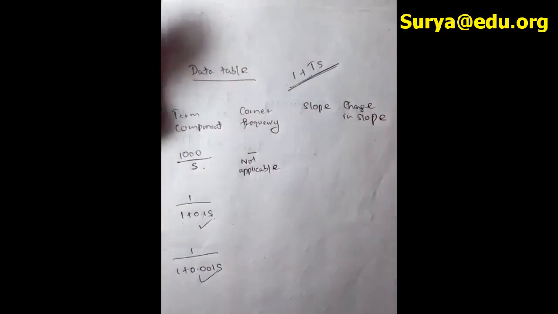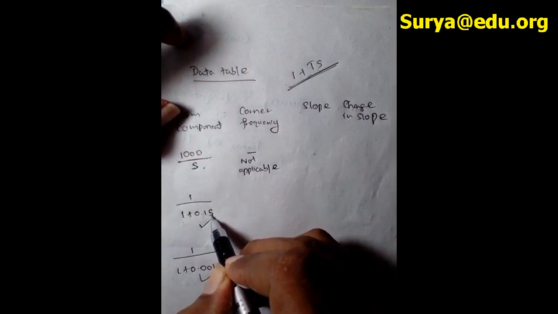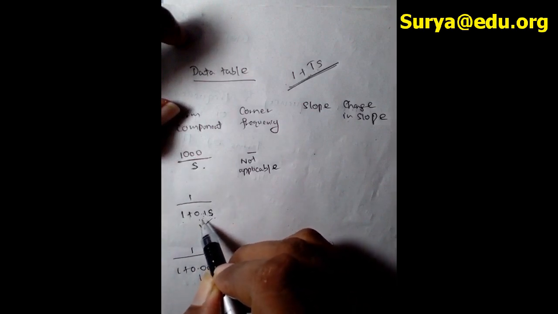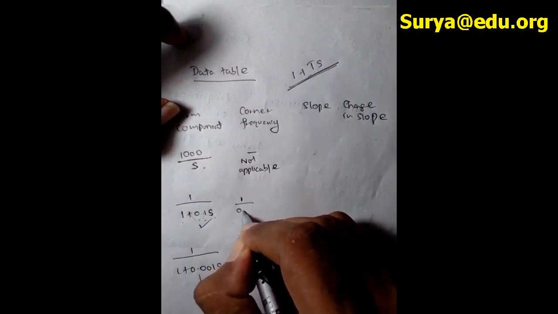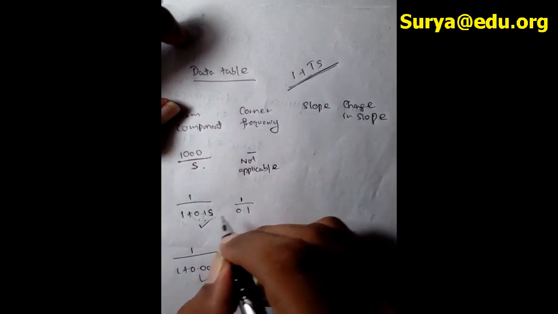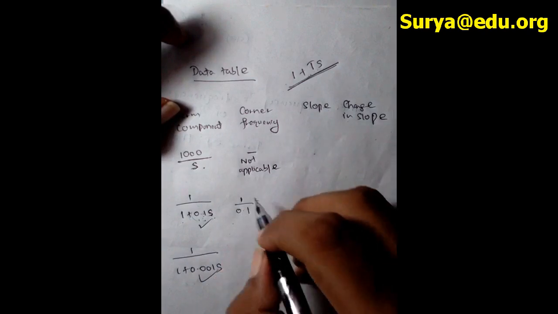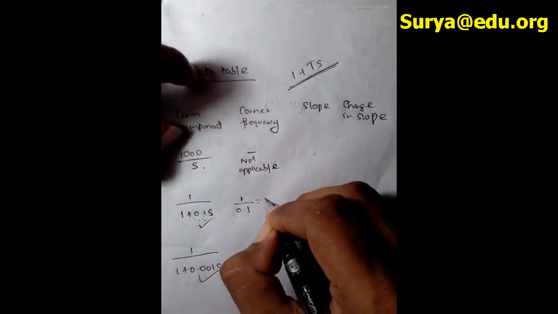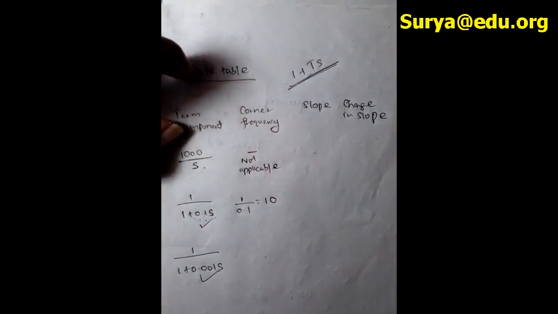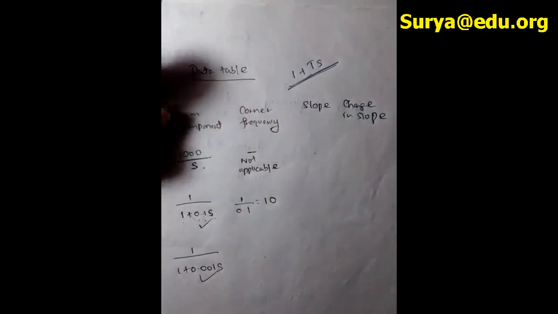So how are you going to find the corner frequency? Okay, so just look at the coefficient of this s. So the coefficient is 0.1, so you take the inverse of the coefficient of s, that means 1 divided by 0.1, right? So which will equal 10. 1 divided by 0.1 equals 10.